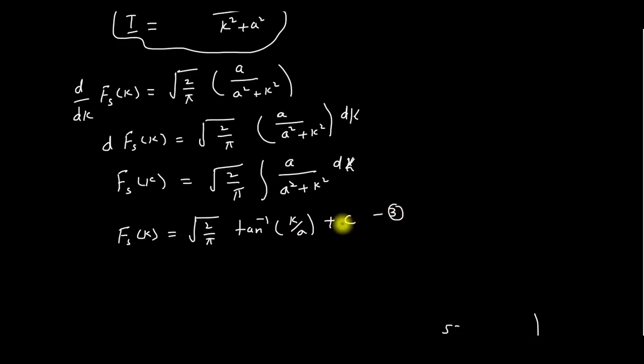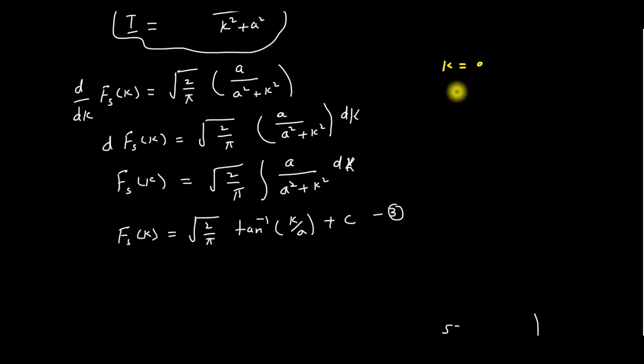Now here we have to find out the value of c. In order to find out the value of c, we have to apply the boundary condition. And for boundary condition, we consider that k is equal to 0. Now first we have to find out the value of f s k.